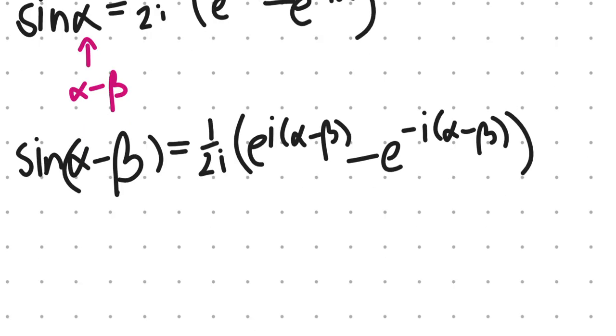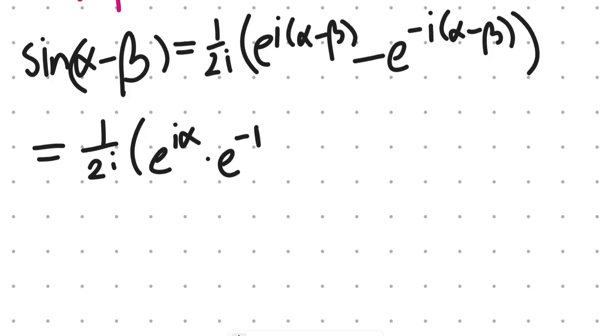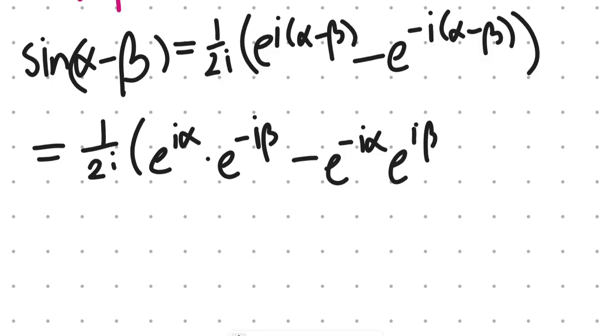Now we can use the exponent rule: since the exponents are a subtraction, we multiply by e to the negative I beta. So it will be 1 over 2i times e to the I alpha times e to the negative I beta, minus e to the negative I alpha times e to the positive I beta.